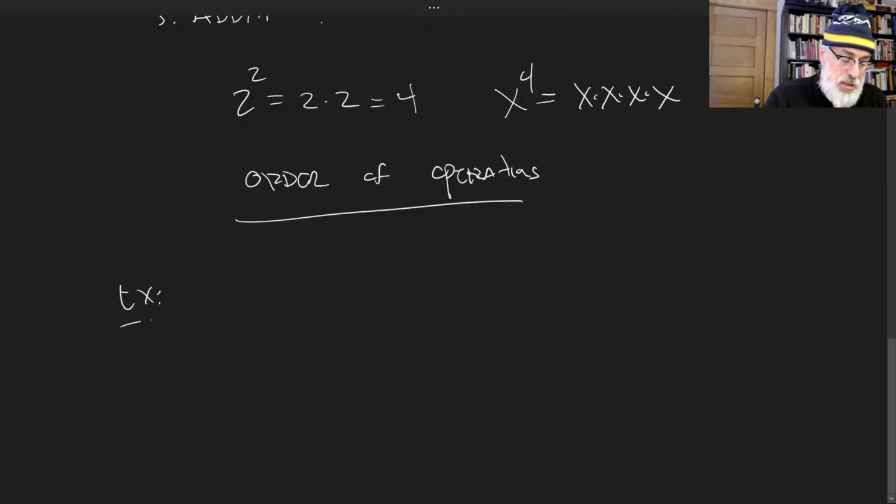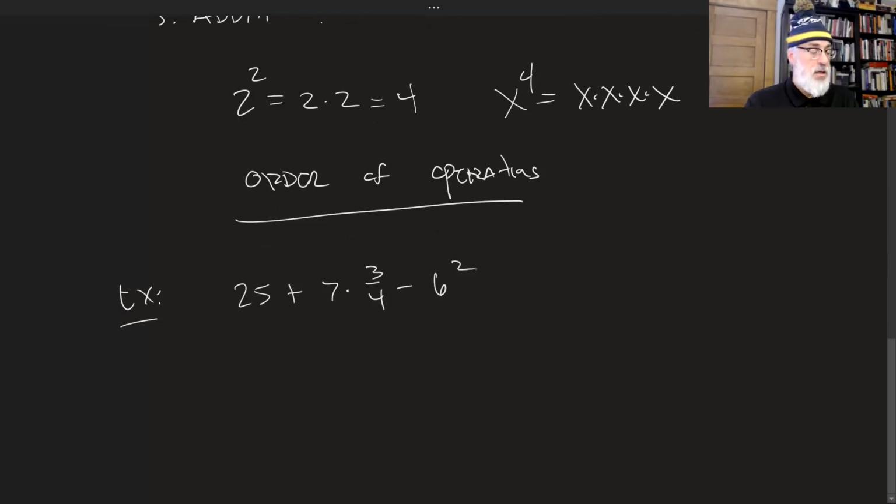So, example, let's write 25 plus 7 times 3/4 minus 6 squared. So we're applying PEMDAS. And the mnemonic, obviously, parentheses, exponents, multiplication, division, addition, subtraction.